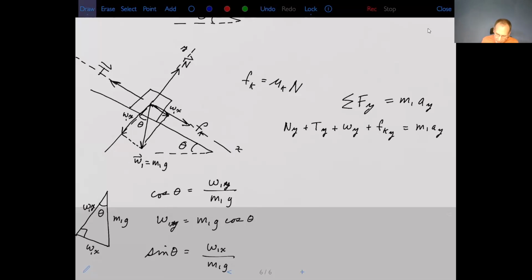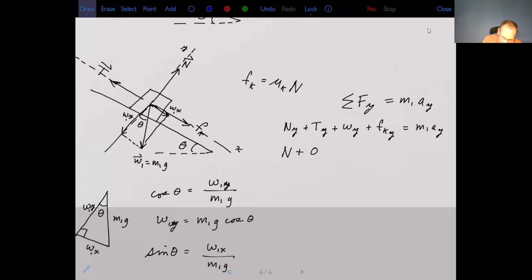Well, what is the y component of the normal force? So if we look at the normal force, right, here's the vector. All of it is in the positive y direction, right? So the y component of normal force is simply going to be all of N, the entire magnitude. What's the y component of the tension? Well, if you look at the tension, it's acting along the negative x direction, so none of that vector is in the y. So this is just 0.